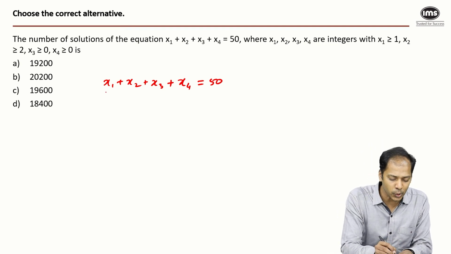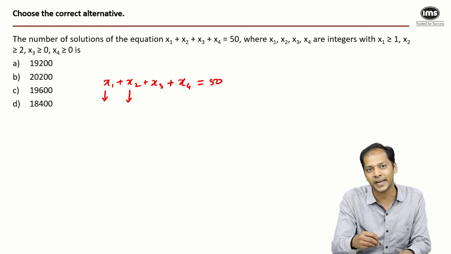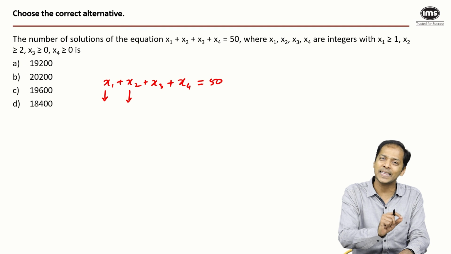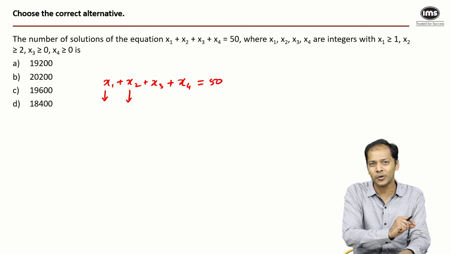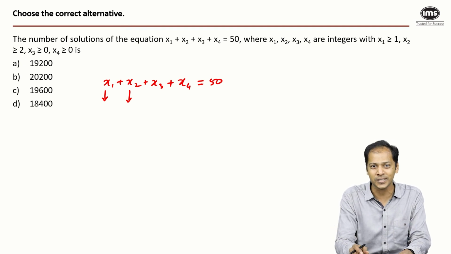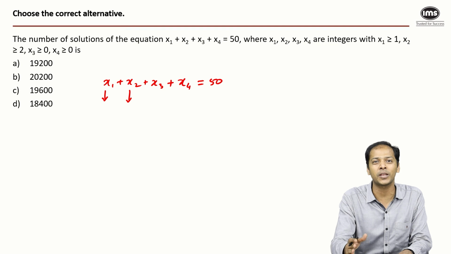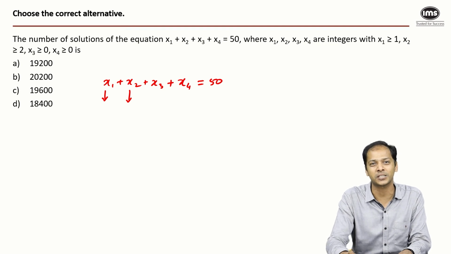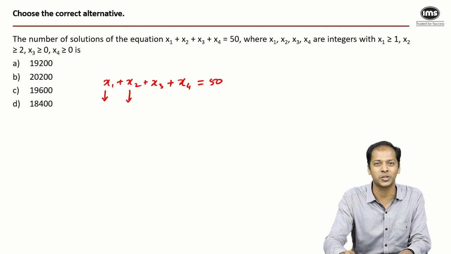Whenever you have values greater than or equal to numbers greater than 0, you assign them those minimum values and find out the non-negative integral solutions. You would have practiced these variations in your preparation of permutations, combinations, and number of solutions of equations.